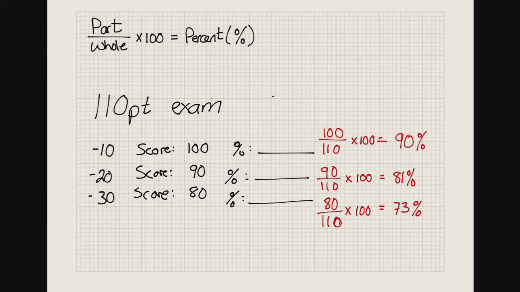But then here's where it gets tricky. Let's say you got 109 wrong. That's a lot wrong. 110 minus 109, your score is 1.